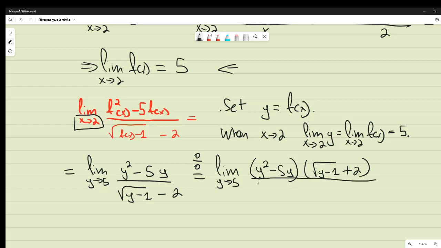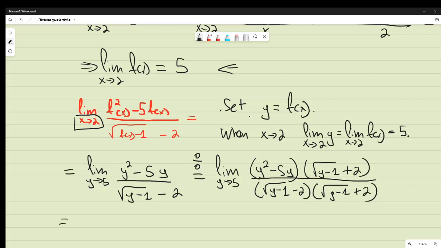And here we will have the previous denominator multiplied by the same, the square root of y minus 1 plus 2.